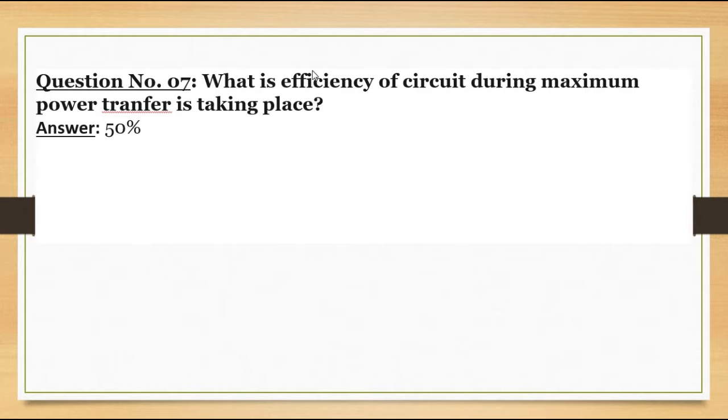Question number 7 is, what is the efficiency of a circuit when maximum power transfer is taking place? The answer is simply 50%. And there is no need to derive how this 50% came. Simply giving this answer will be enough for this question.